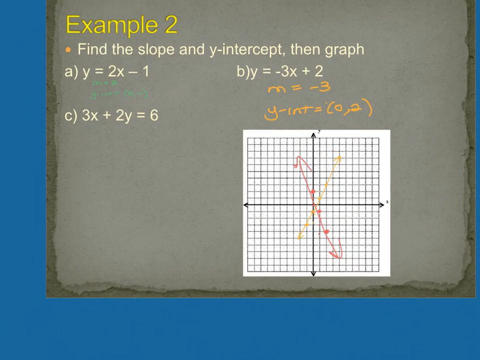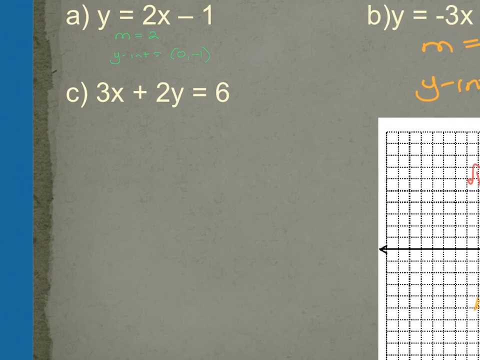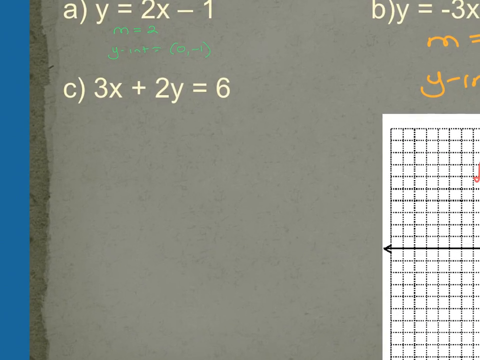And then C is not in slope-intercept form, right? So you can do two things. You could choose to put it in slope-intercept form. I could solve for y. So I'd get 2y equals -3x plus 6, and then divide everything by 2. Don't forget to divide your b by 2, a common mistake.